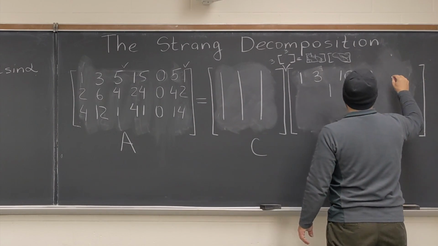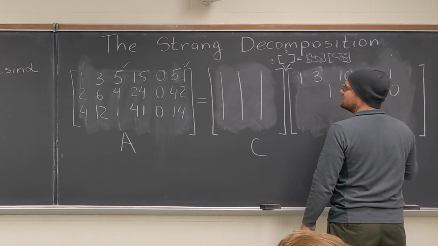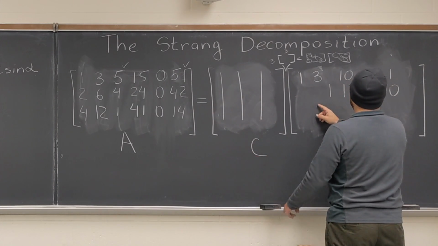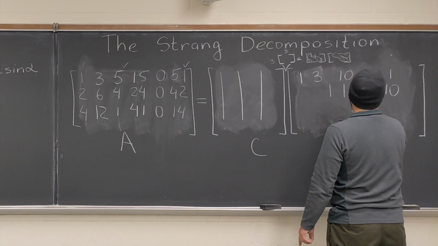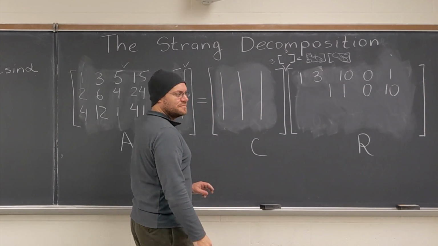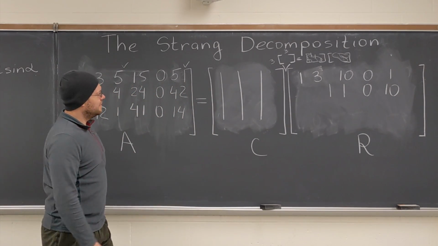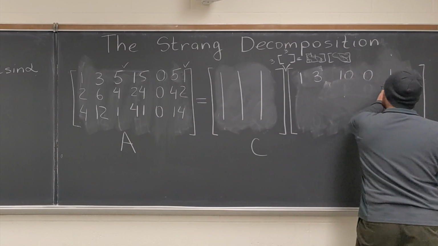Zero, zero, and finally 1. Did I miss something? 1, 2, 3, no, it's 4, 1, 5, 0, 10. Wait, no, you're right. Yeah. 0. Okay. You just wrote them cramped. Sorry? You just wrote them a little squished. Yeah, it's a little squished, but there it is. Let's unsquish them.